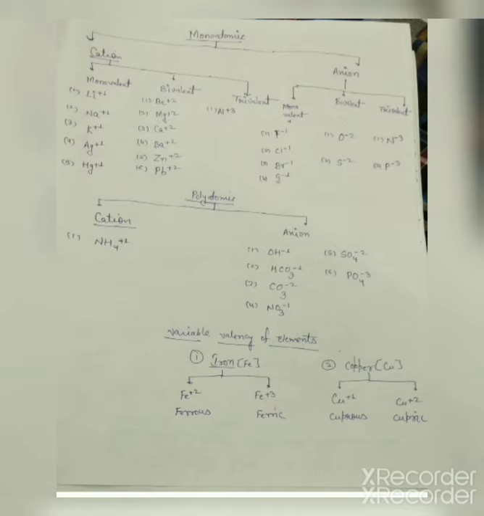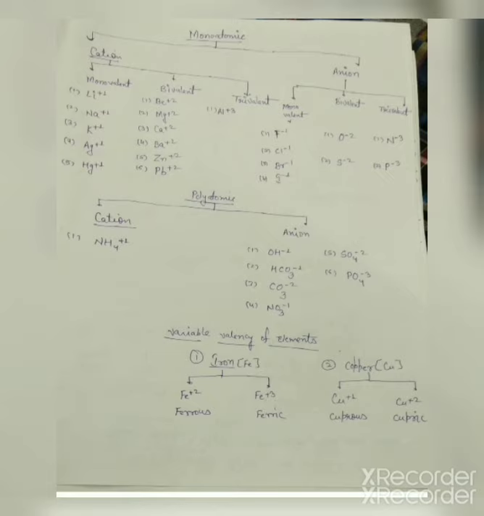In this category, there are the following elements: lithium, sodium, potassium, Ag for silver, whose Latin name is argentum, and Hg for mercury, whose Latin name is hydrargyrum.